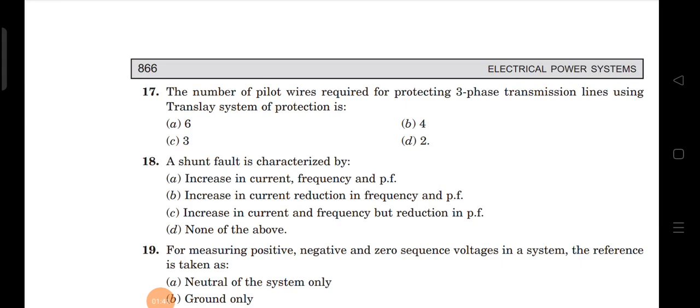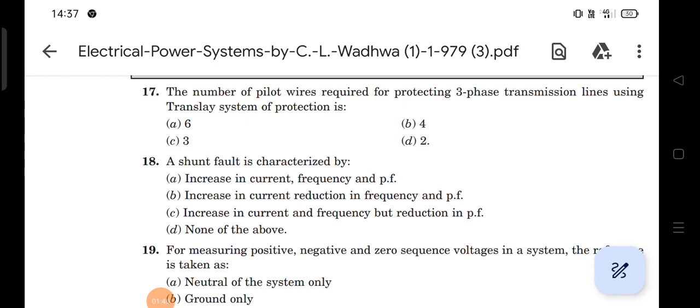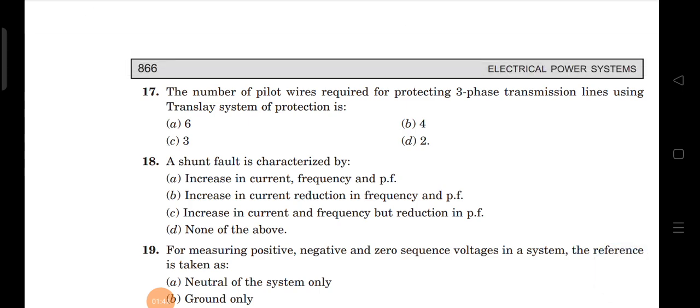For example, differential protection requires 6 pilot wires, that means number of phases into 2. For single phase, only 2 pilot wires. But in case of a three-phase transmission line, using the translay system, it requires only 2 pilot wires. That means the answer is correct.